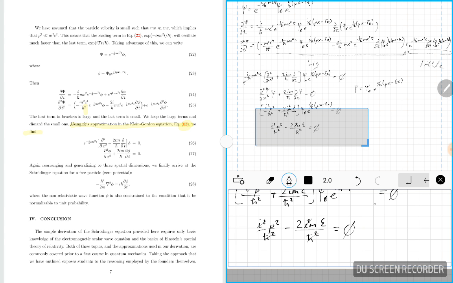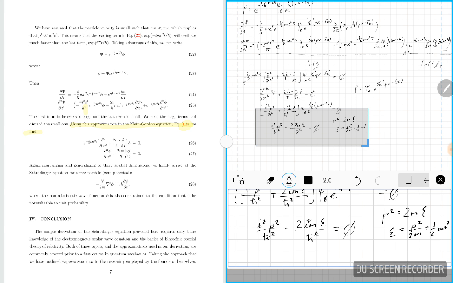And what we have here is just kinetic energy. Right? So that's E equals, so that's just our kinetic energy term there. So we went from relativistic energy of a massless particle with zero rest energy to our energy.